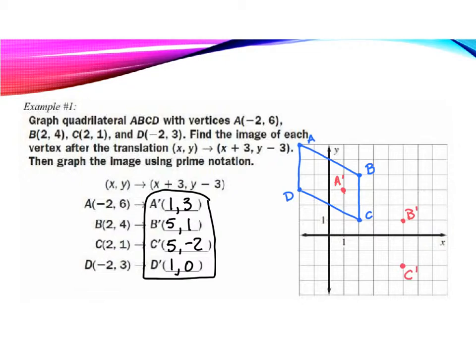And then D is 1, 0. 1, 0. And then you just connect the dots. And you see how the figure did not change in size or shape at all. It just simply moved over to the right so many units and then down another so many units. And those are the units here given to us.